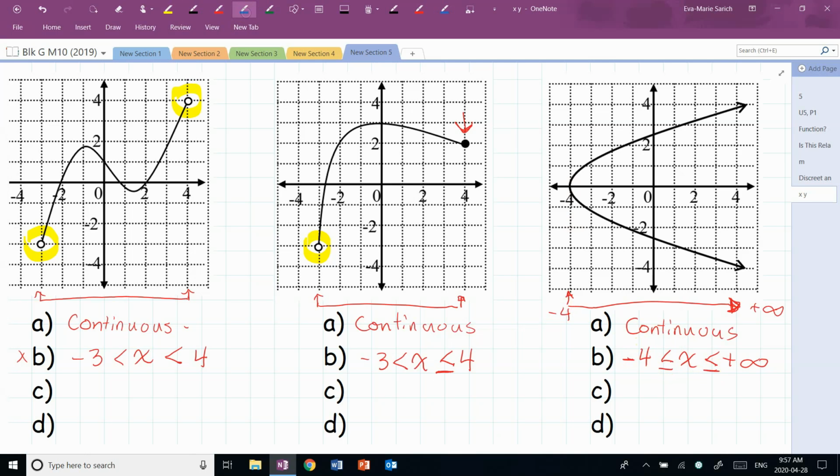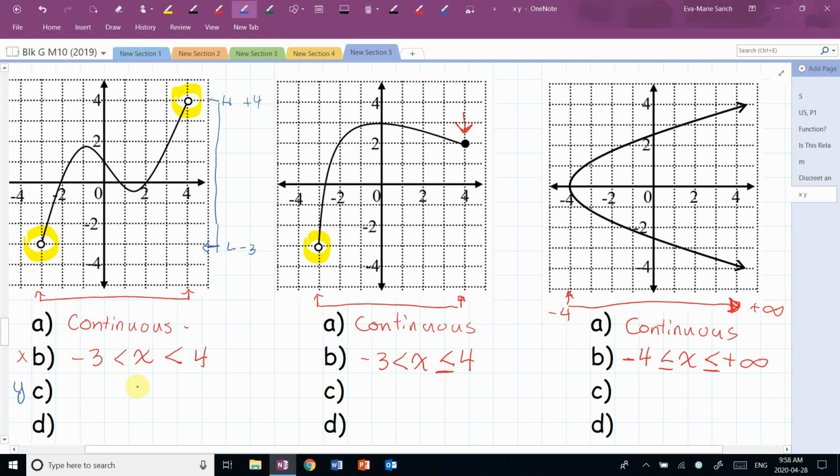For part C, this is our range, which is our y values. Okay, so the y's are going to go up and down. So we go from there to there. So remember, our lowest value is going to be -3, and our highest value is going to be +4.